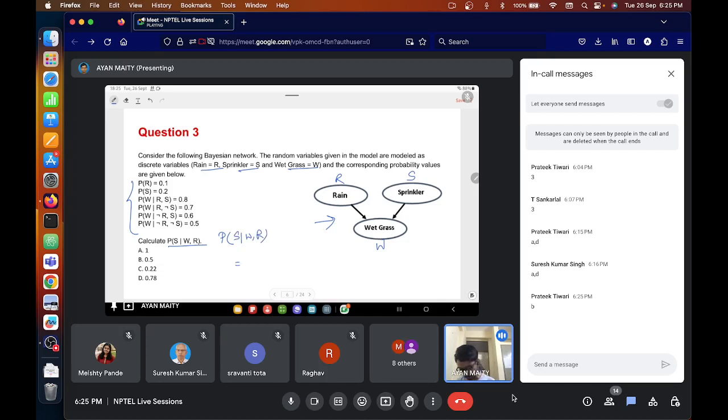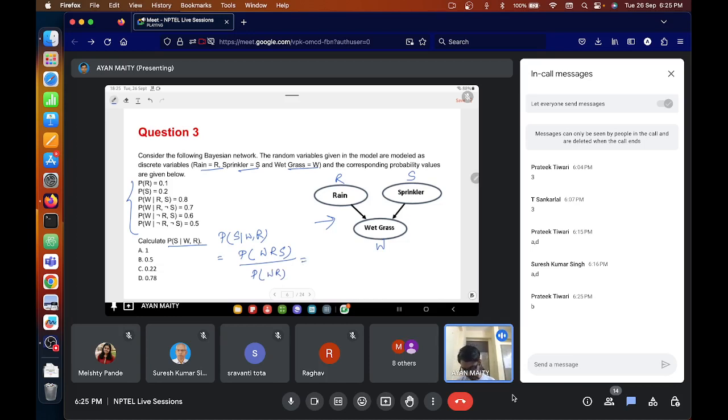So we can simplify this probability as probability of WRS divided by probability of WR. This is based on the definition of conditional probability.